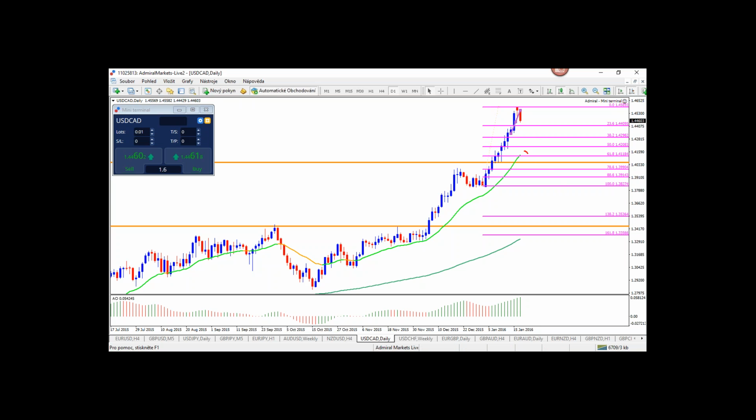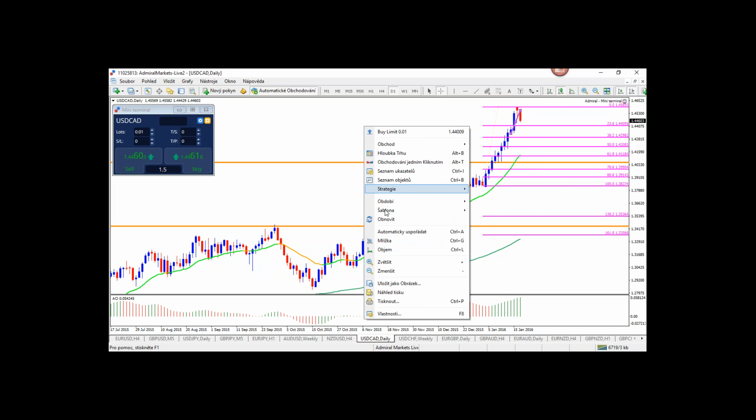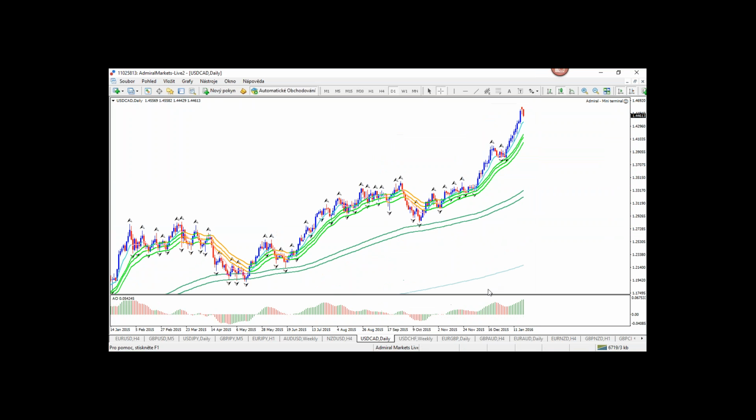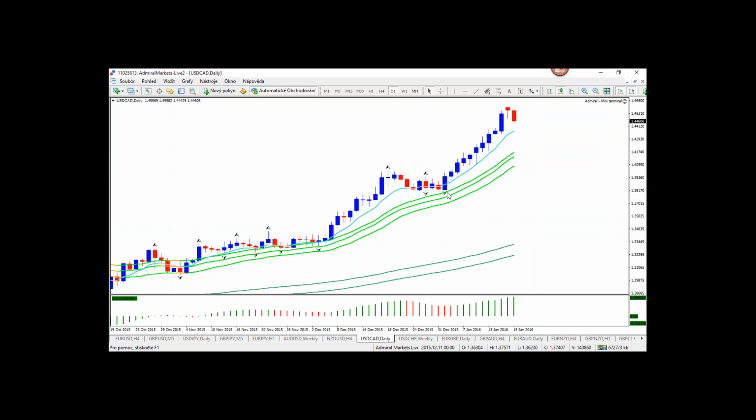Might start going back to the 21 EMA. Because at this moment, the daily chart, let me put on the other template here. That's why this one is a bit difficult, because the daily chart just missed the 21 EMA here. So the last time it touched the 21 EMA is 28 days ago.